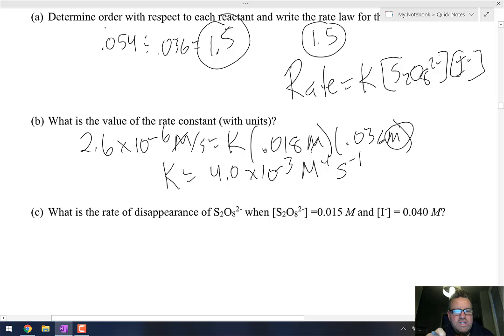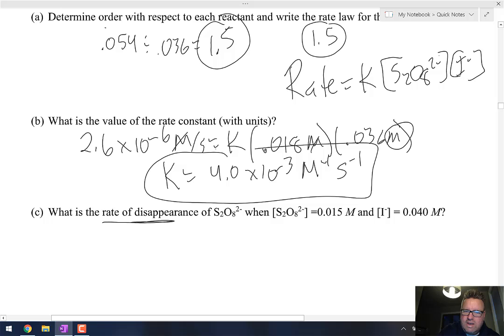Okay, now we're changing it up a little bit. What is the rate of disappearance when now you've got different concentrations? The rate of the reaction can be measured in how fast the reactants disappear or how fast the products appear. Now that we have the rate constant, they can give us different concentrations, and we can still find the rate.